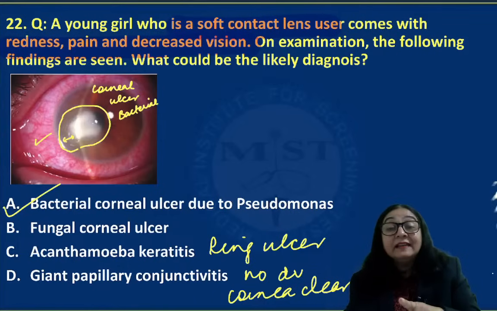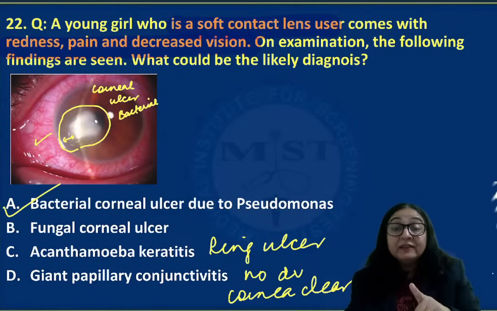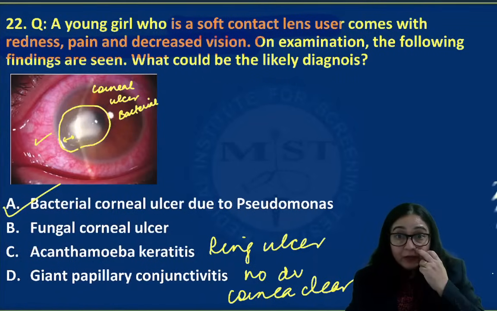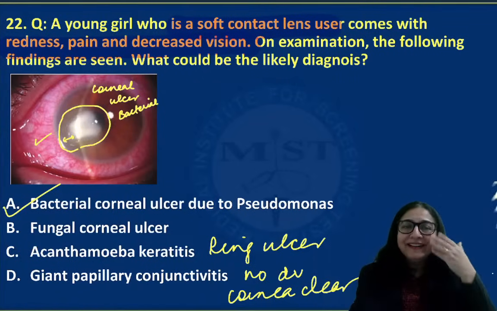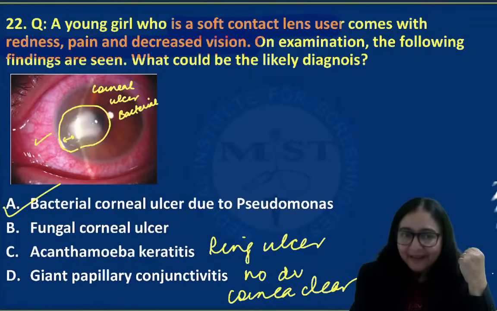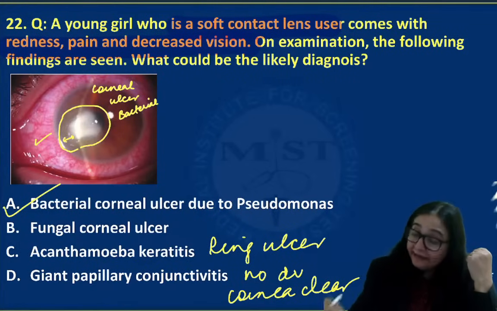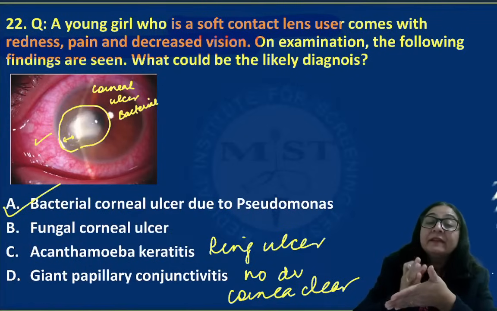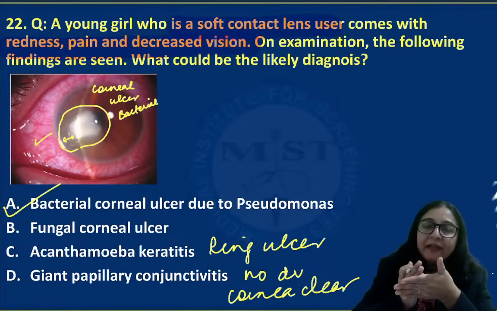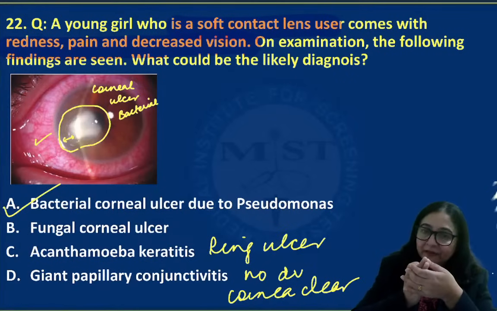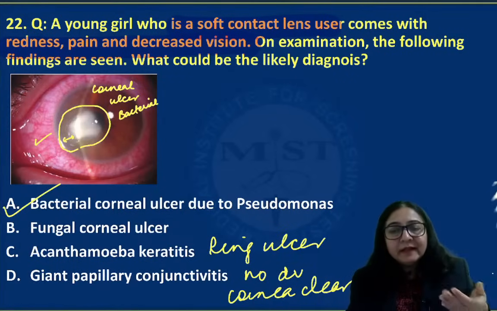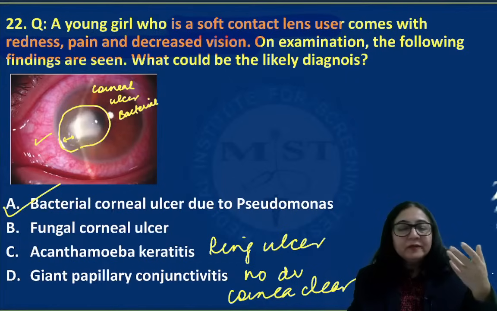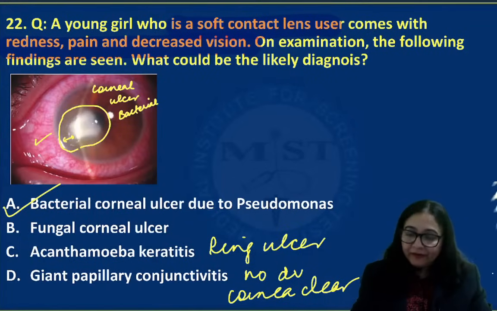If there is decreased vision, then it will be a corneal ulcer. Okay, I hope it is very clear, because I get so many doubts related to this kind of clinical scenario. Ulcers tend to develop when the person has poor hygienic habits related to contact lens use, poor cleaning of the lenses, sharing of the lenses, using tap water for the lenses, etc.